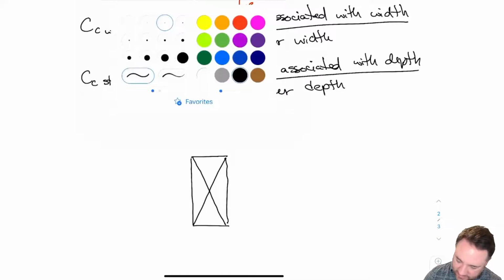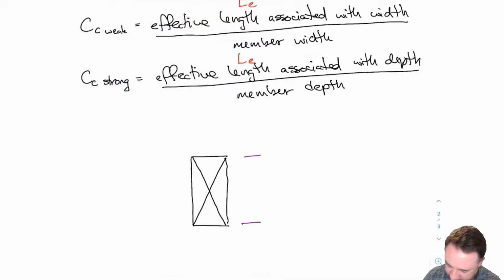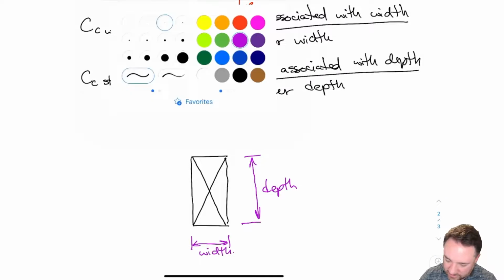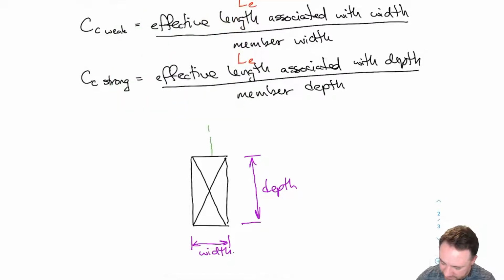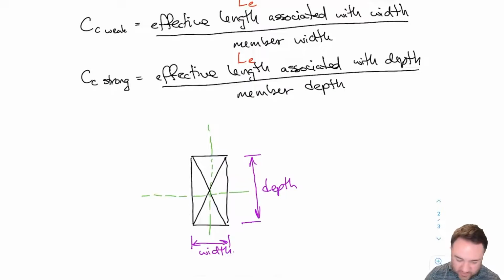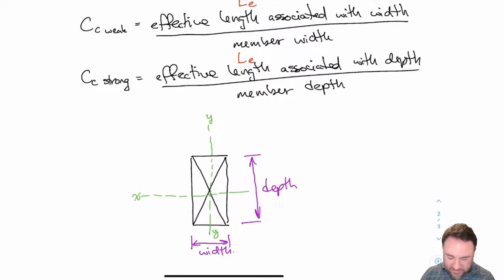And I'm saying that this here is the depth, and this dimension here is the width. And just like we talk about for steel design, we can have bending in two different dimensions, right? I could call this Y. If this was a steel beam, that would be Y. This one would be X.